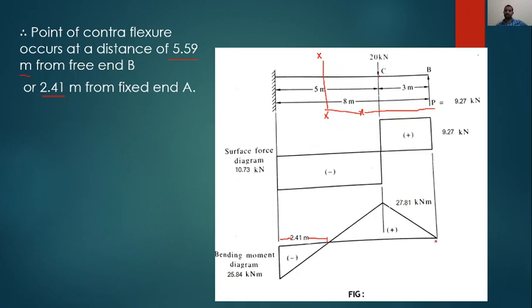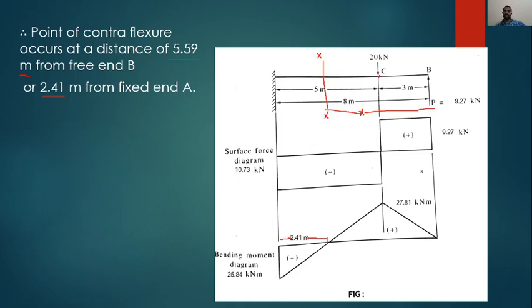And again the bending moment diagram, starting here. If you have a constant shear force, then you will have a linear variation in the bending moment diagram, and this area, 9.27 multiplied by 3, which is 27.81, is equal to the ordinate here in the bending moment diagram.